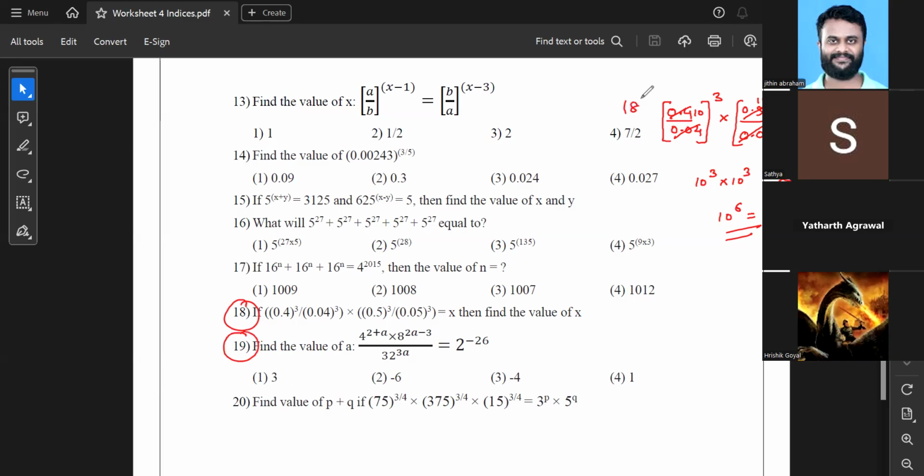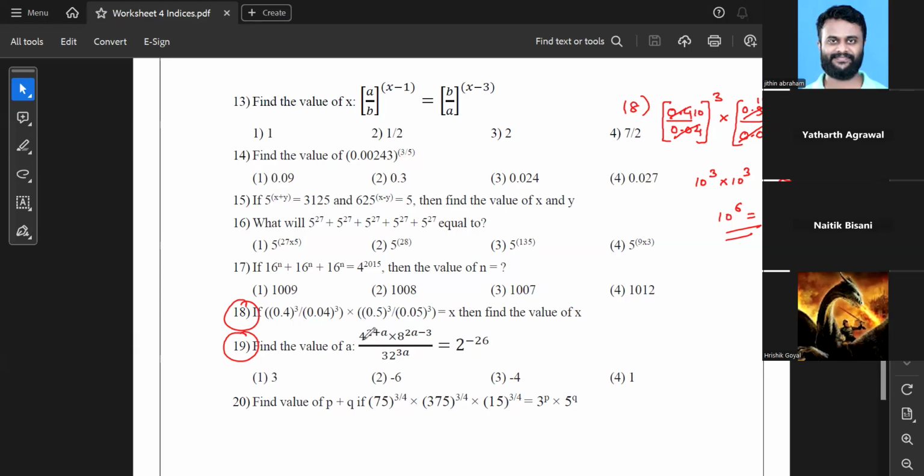So this one was the 18th problem. Now let's do the 19th. Find the value of a where 4 raised to something, 8 raised to something, 32 raised to something. All these problems can be related in terms of 2 only. We can write it as 2 raised to power 4 plus 2a. Everything is 2.